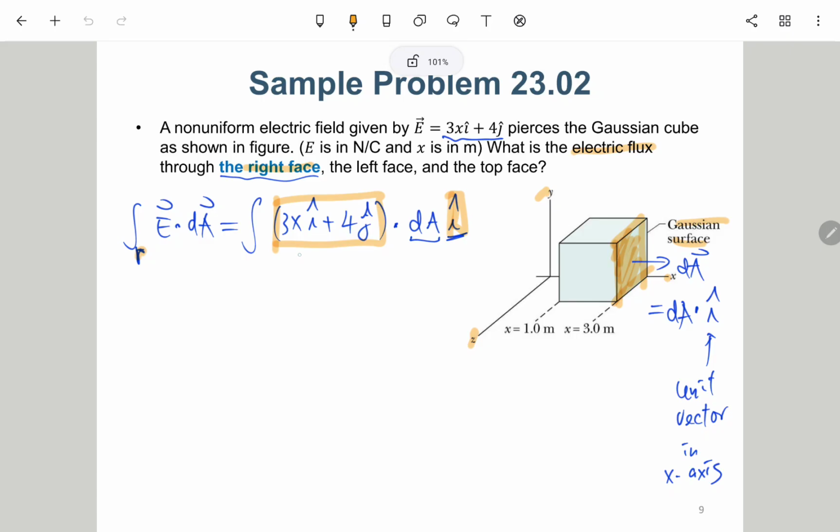So here for the first one, we have 3x i hat dotted with this one, and i dot i will be 1. So we have the integration of 3x, and of course we have a dA here. For the second one, we have j hat dot i hat, which will be 0.